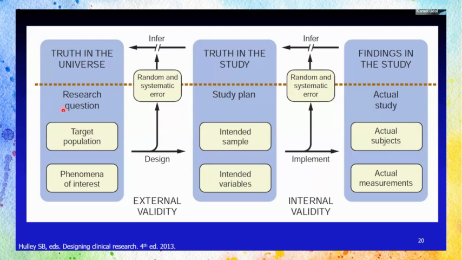So from this diagram, you can see that if you want your research result to represent the truth, so that we can infer from findings to the underlying truth in the population, we need to minimize or eliminate all these random and systematic errors.